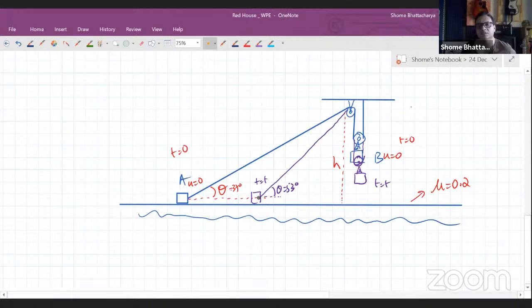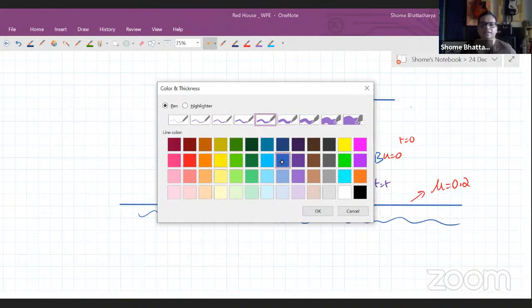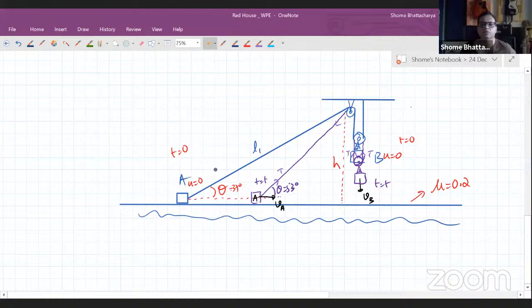At that point of time, let's say A has a velocity VA like this, and B has a velocity VB like this. And of course, there is tension T acting in the thread like this. In the original diagram, this hypotenuse was L1 and this base length was X1.